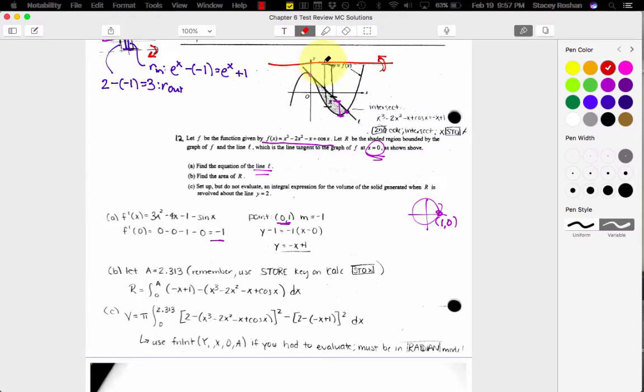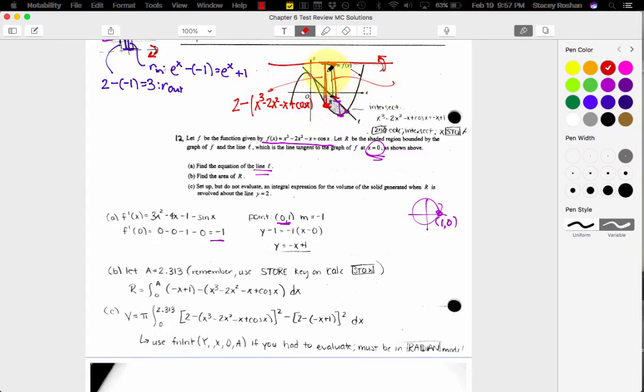So my longer line is going to hit that big f of x equation, and my shorter line, my radius inner, is just going to be with that line L. So the radius outer is going to be 2 minus that big long thing, x cubed minus 2x squared minus x plus cosine x, because again, top minus bottom.